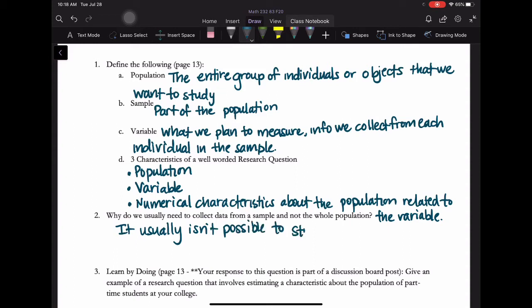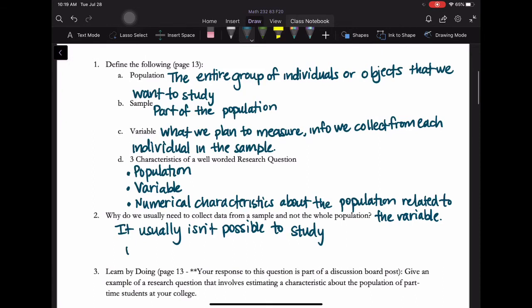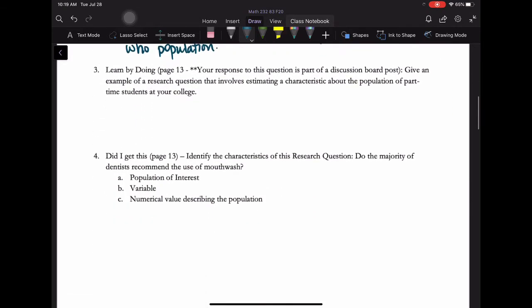Now we're going to talk about the learn by doing portion of the text. The nice thing about the online text is that it's interactive and you can click through yourself and test it as well. Did I get this? Learn by doing, those types of things. On this number 3 right here, you'll see that it says your response to this question is part of a discussion board post.